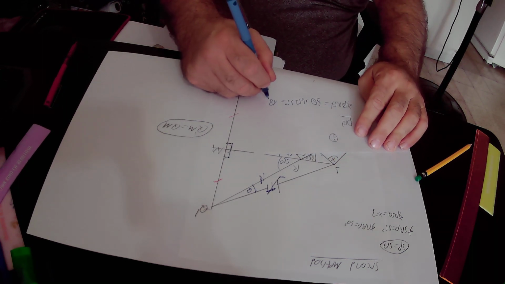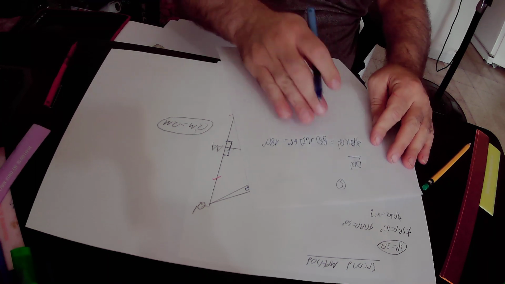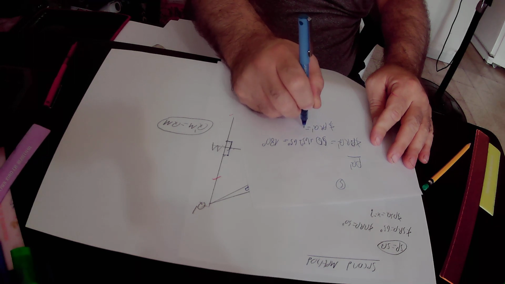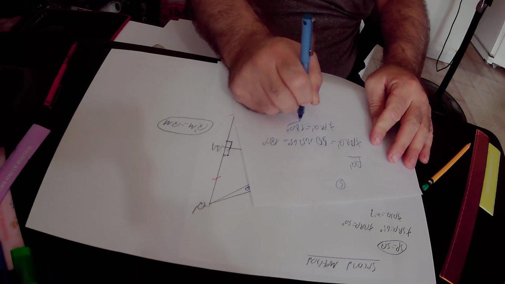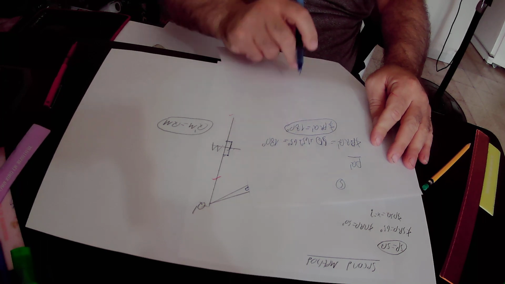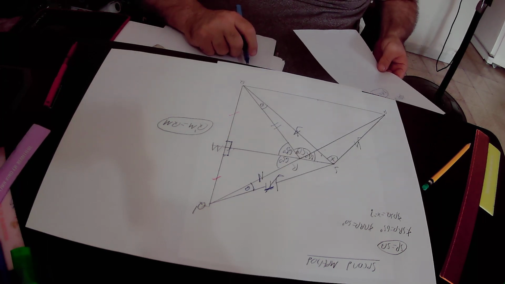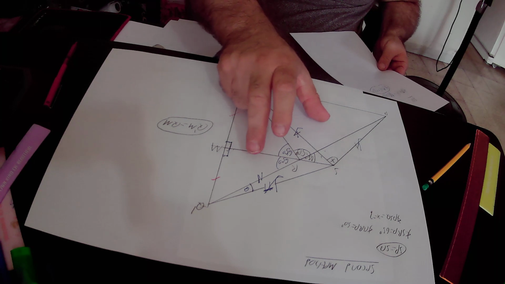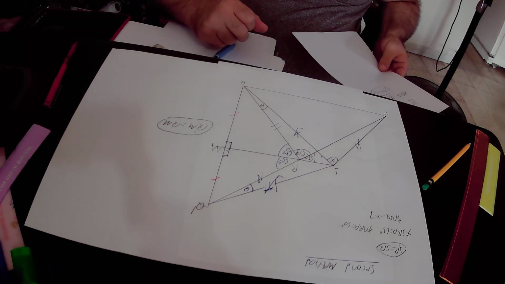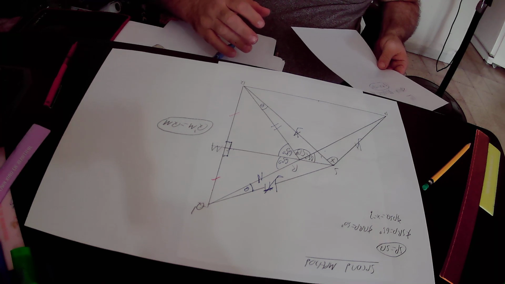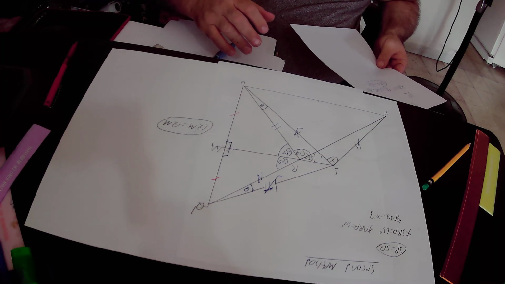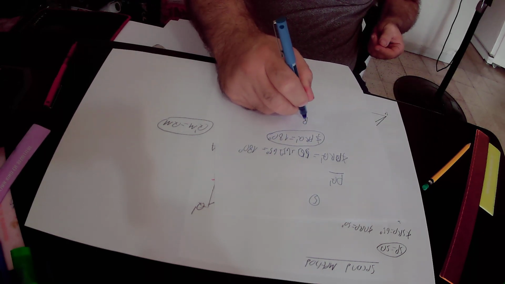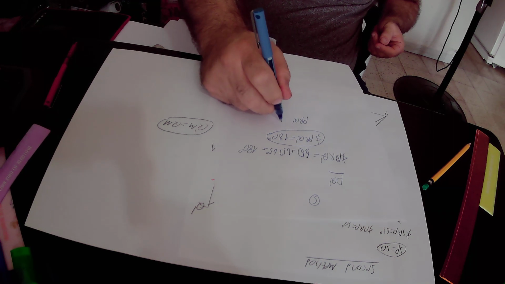So we actually found out that angle PRQ dash equals 180 degrees. Because angle PRQ dash equals 180 degrees, we can conclude that line segment PRQ dash is a straight line.